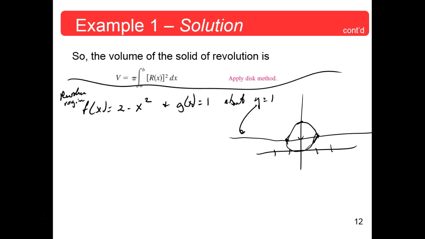Now, what's your little rectangle? Oh, before we go any further, what do you notice about this function and the revolved shape? Maybe not from my picture, but look at the one in the book. This is what kind of function?